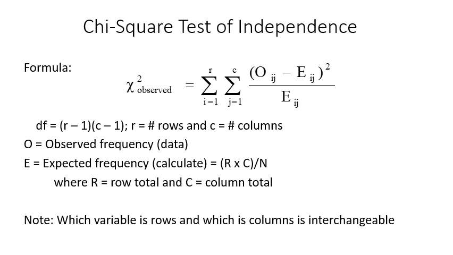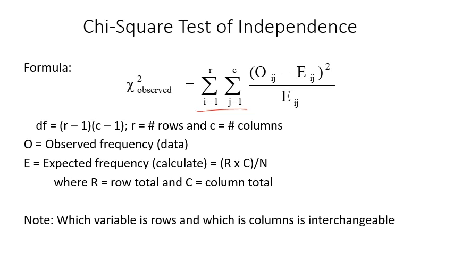The formula is essentially the same. You see two sum symbols here. Why are there two sum symbols? It's basically saying you do this for all cells in all rows and columns. What do I mean by that?